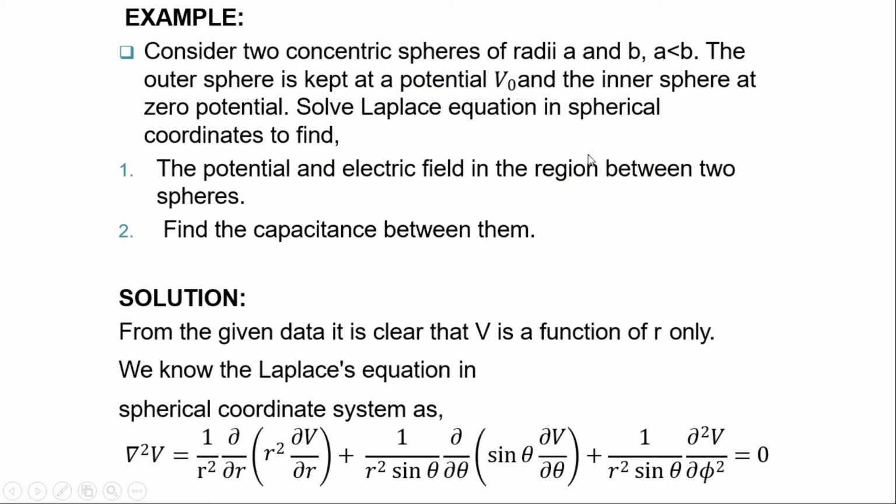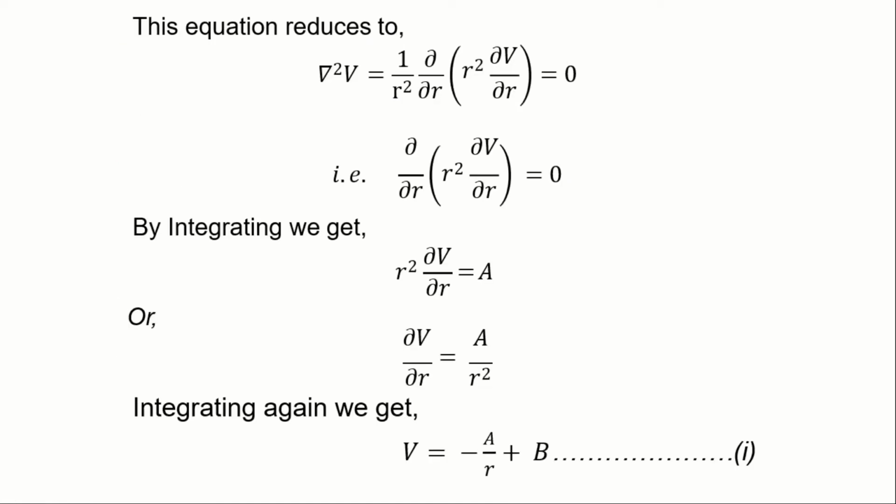Now since it is in one dimension, the theta and phi coordinates terms will be 0. Since here we are going to solve it for one dimension, nabla square V equals 1 by r square del by del r of r square del V by del r. This term will remain and the rest of the terms will be 0.